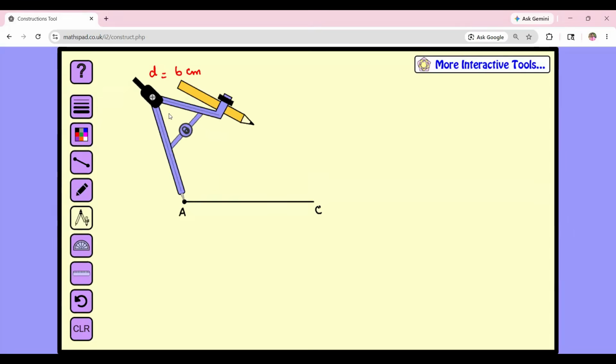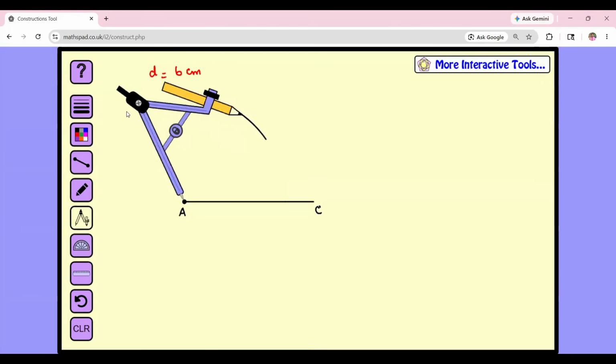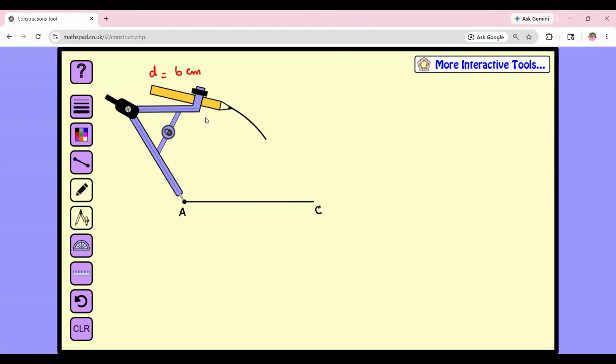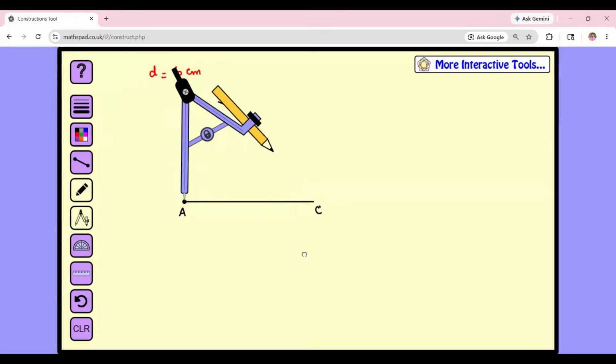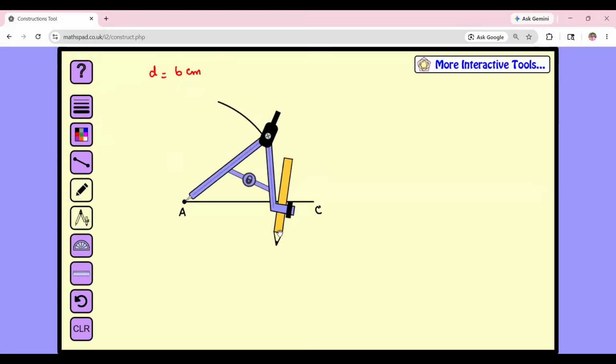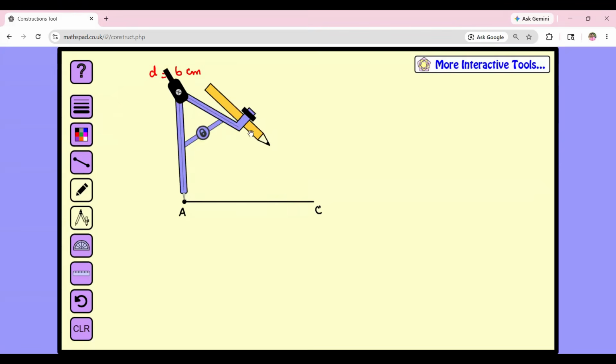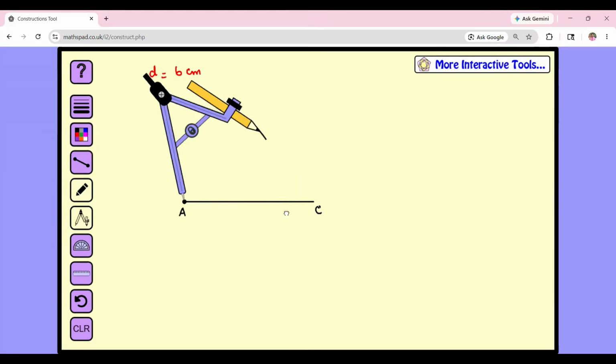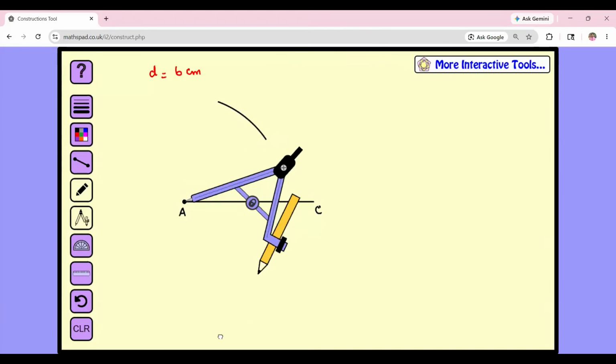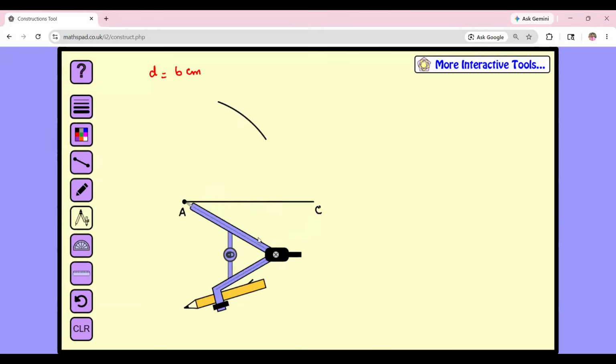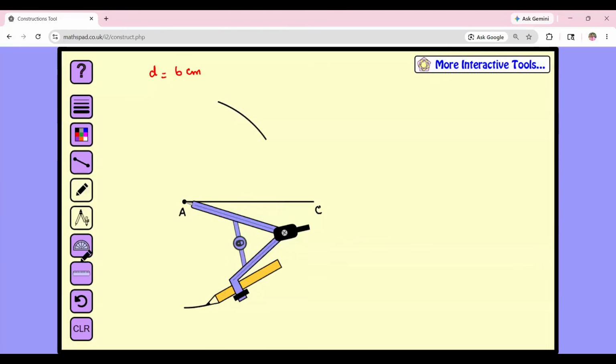So up one arc, then the same down, one arc. Up and down.